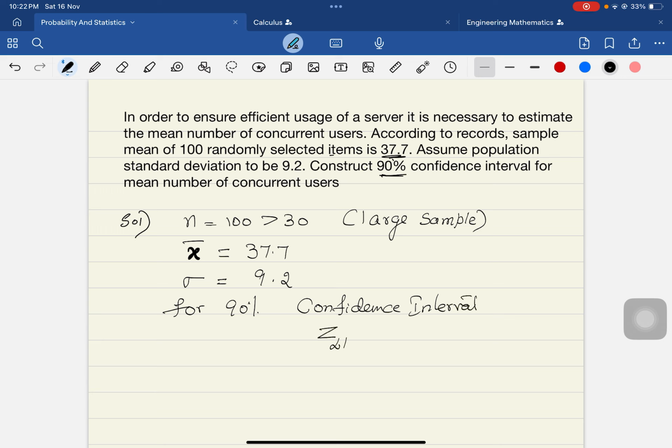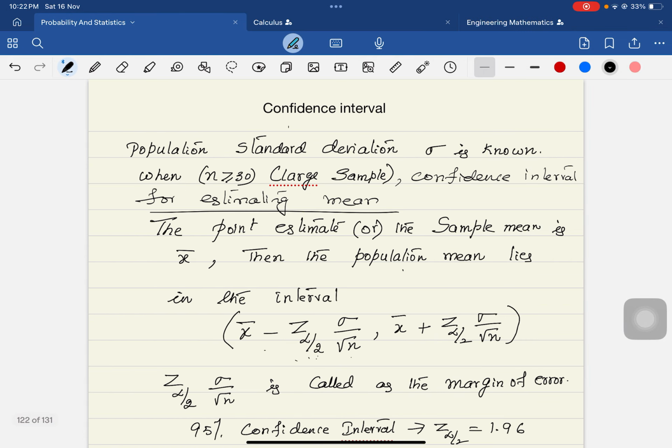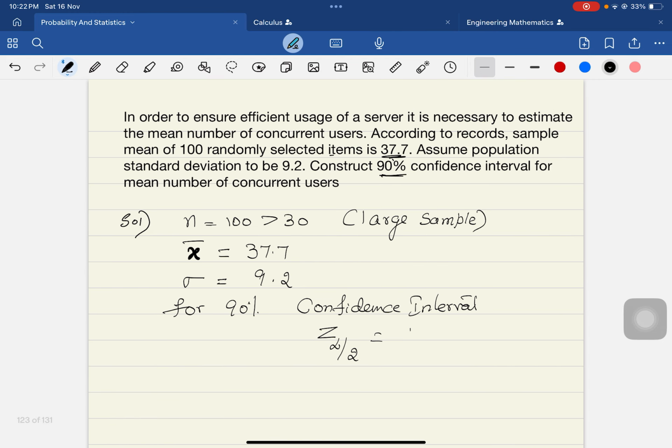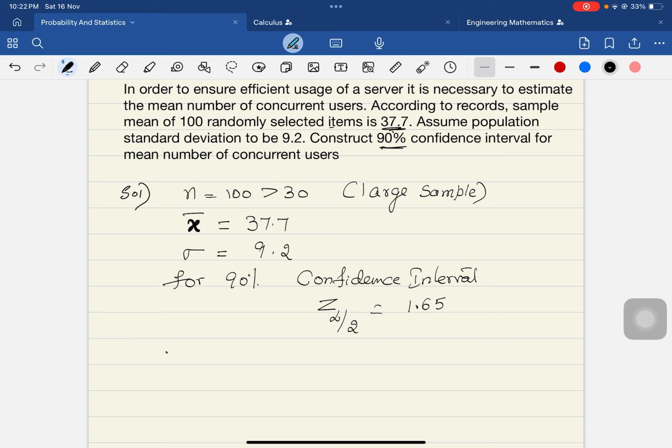For a 90% confidence interval, Z alpha by 2 is 1.65. Therefore, the confidence interval is given by the formula: X bar minus Z alpha by 2 times sigma over root n, comma, X bar plus Z alpha by 2 times sigma by root n.